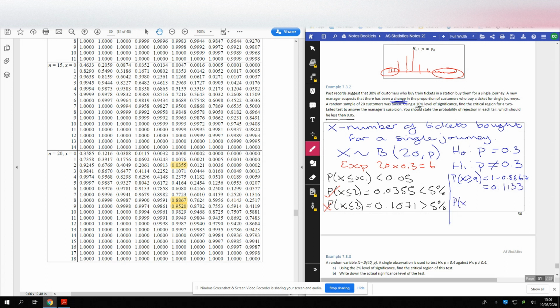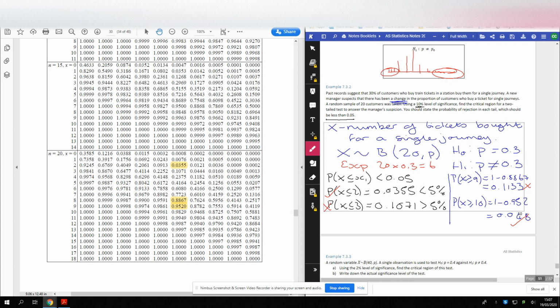And then your next one to check is greater than or equal to 10, which is 1 minus 0.9520, which is 0.048. So I'm going to take that one and not that one because 0.048 is less than 5%.